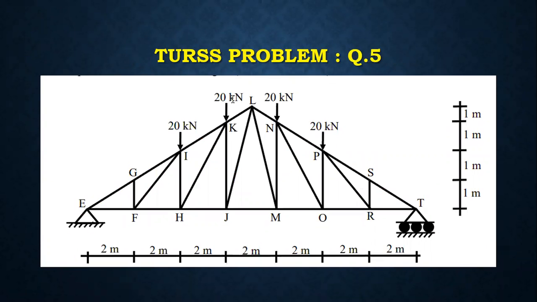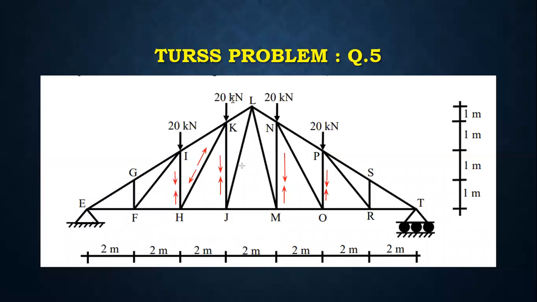For this problem, as per our understanding, the first 20 kilonewton load goes directly to these members M and N in the form of compression. These two members are subjected to compression, and these two members I and H are subjected to compression. This compression in member IH tries to pull these inclined members so that they are subjected to tension.